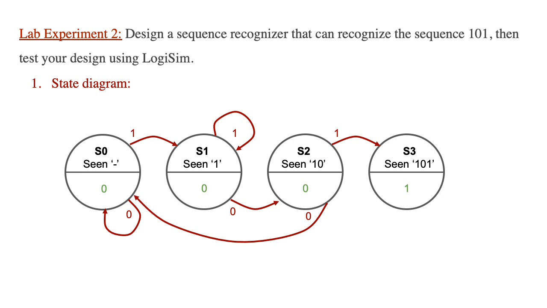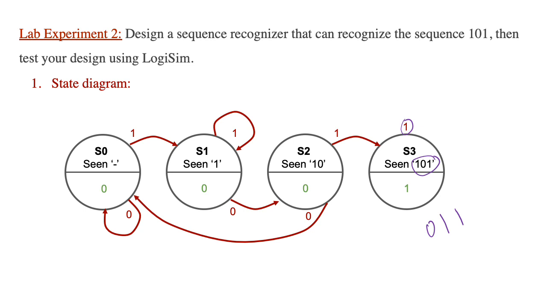Finally, with state 3, we need to take care of both possible combinations. So let's start with what will happen if the input we receive is 1. We're going to write the sequence inside the state, and then add to it this 1 at the end. We'll have 1 0 1 and then 1. Is there any state that says seen 1 0 1 1?